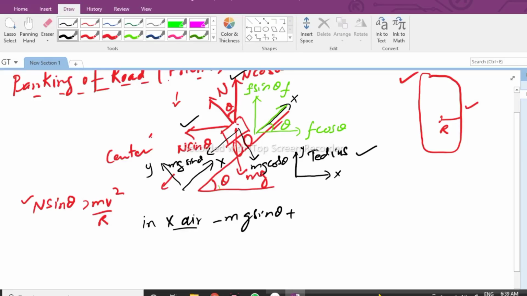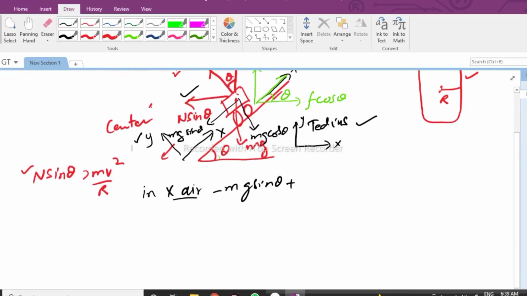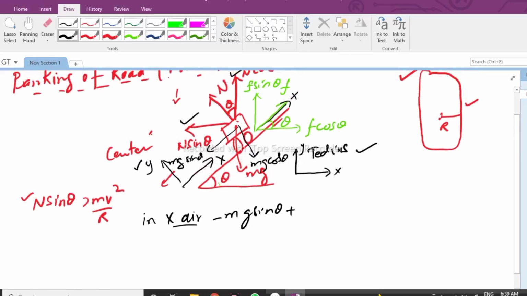This will be easier in this case. So small correction: in the x direction, this is not required.